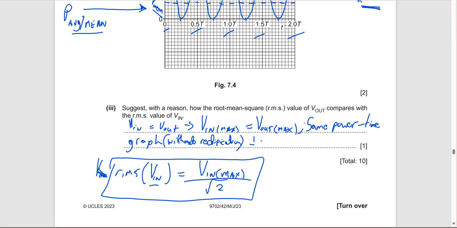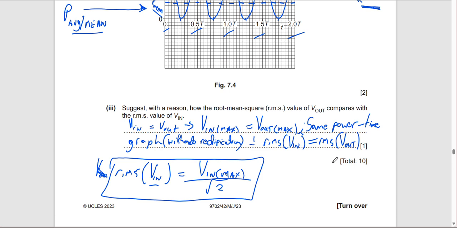Therefore, V RMS in is going to be equal to RMS of V out, right?